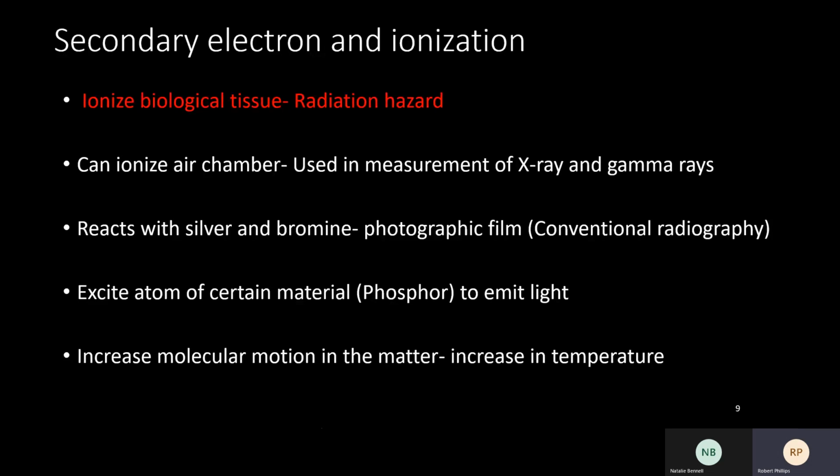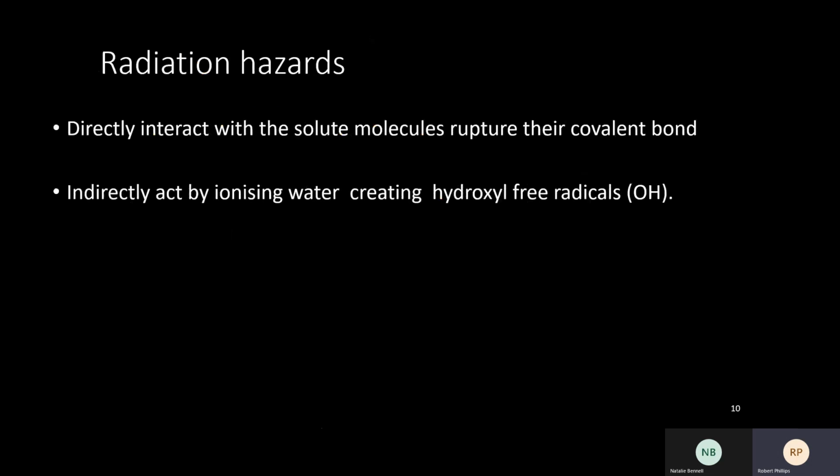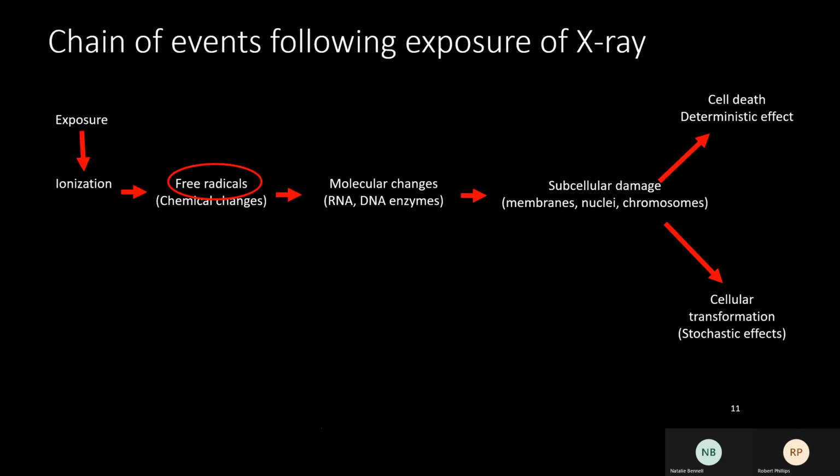Secondary electrons can directly interact with solute molecules, RNA, DNA, different types of proteins, hormones, and enzymes, and rupture their covalent bonds. They can also act indirectly by ionizing water, creating hydroxyl free radicals. Our body is made up of 70 to 90% water.